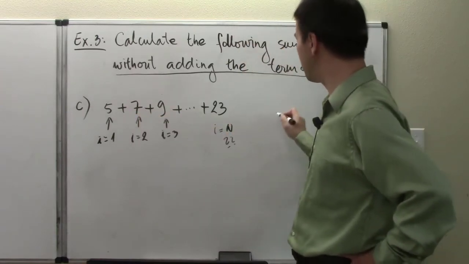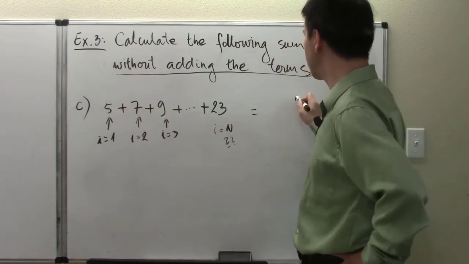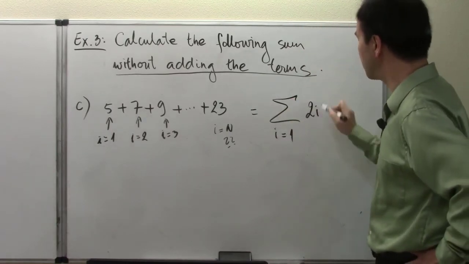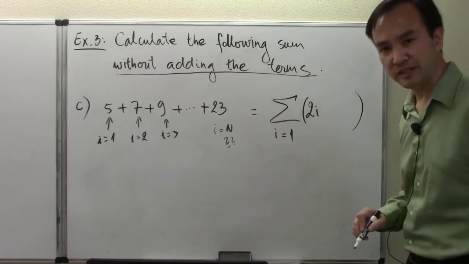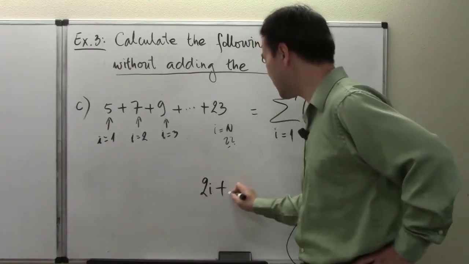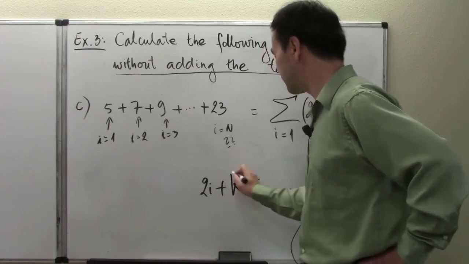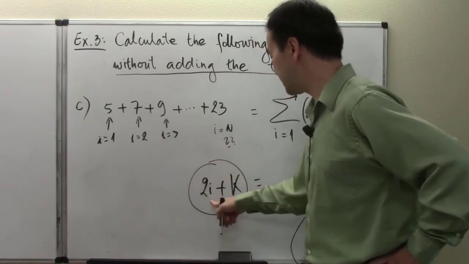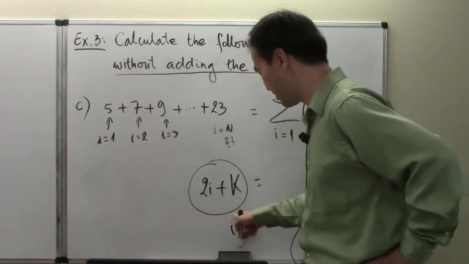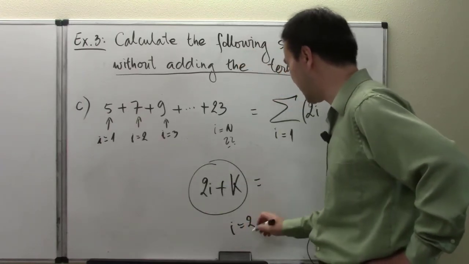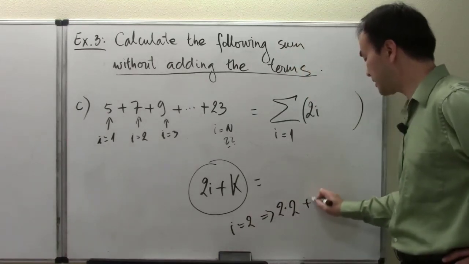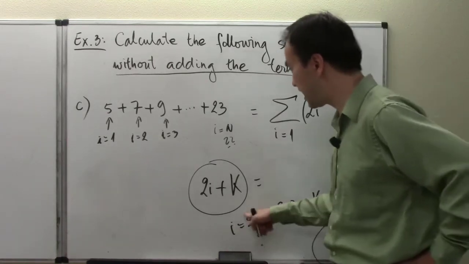So that means my summation has to strictly be some 2i plus some value k. Think about it: when i equals 2, we had 2 times 2 plus k, and at this i we had 7.